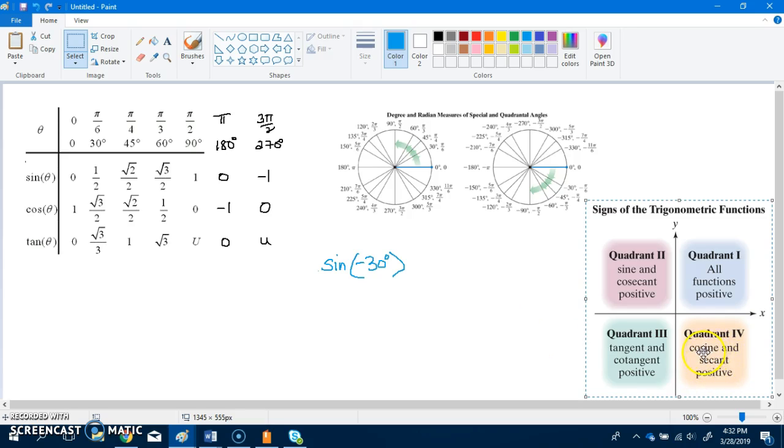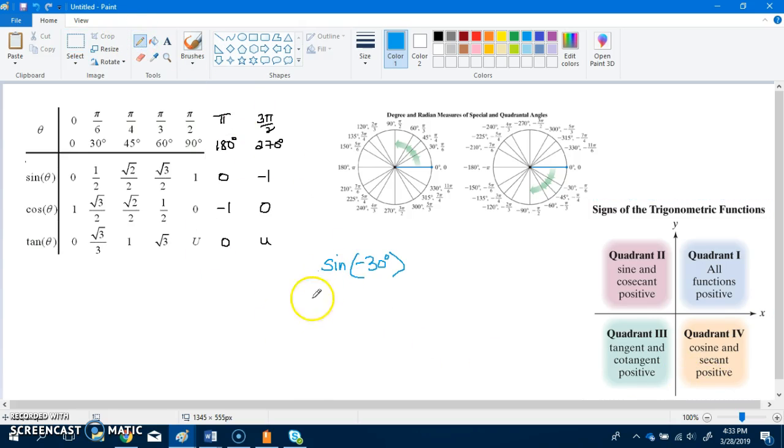In the quadrants, cosine and secant are the only positives here, tangent and cotangent are the only positives, sine and cosecant are positive, and all functions are positive. So if sine is in quadrant 4, it's going to be negative.